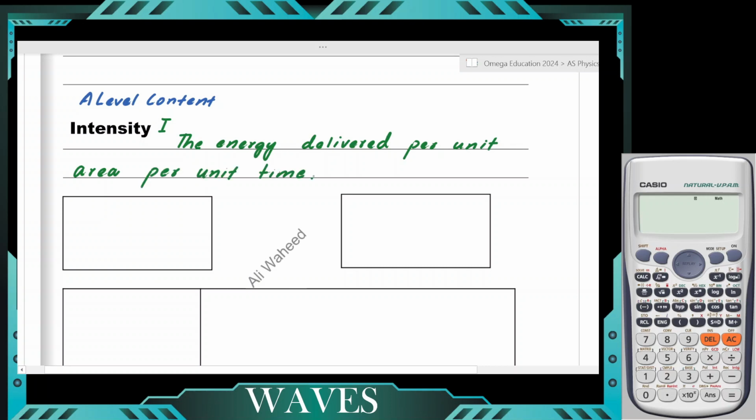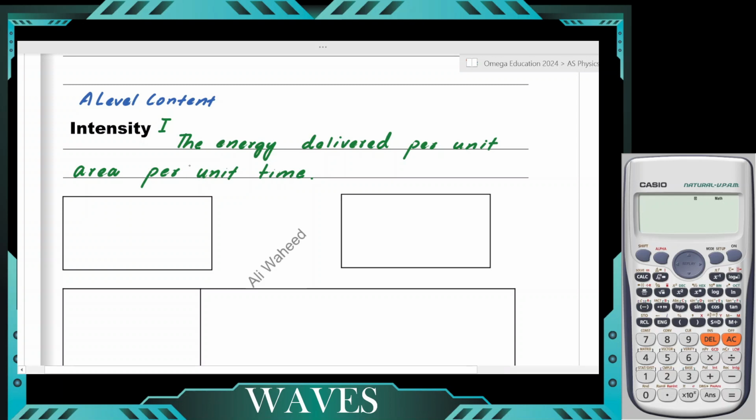In simple words, you can think about intensity of a wave as how fast the energy is transferred by the wave over a certain area. So, if the wave transfers more energy per unit time over a certain area, then that means it has more intensity. The intensity is higher.